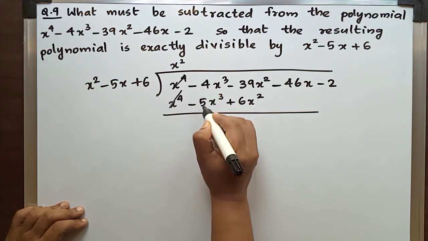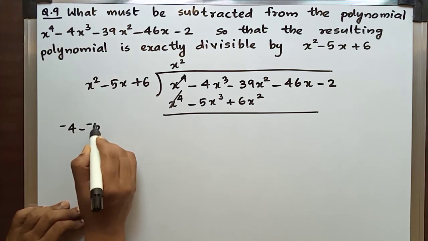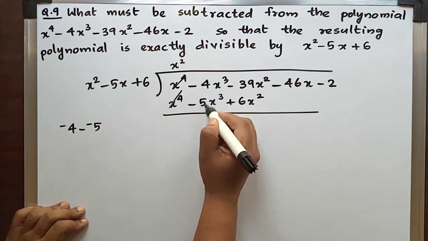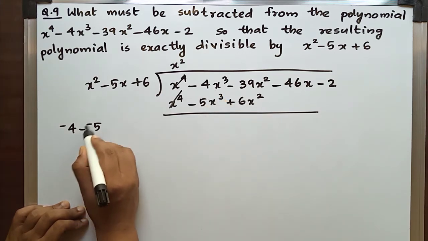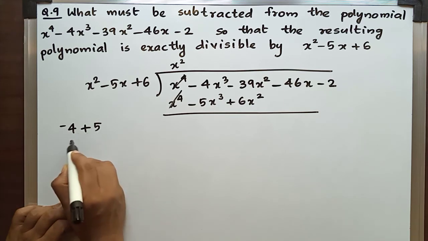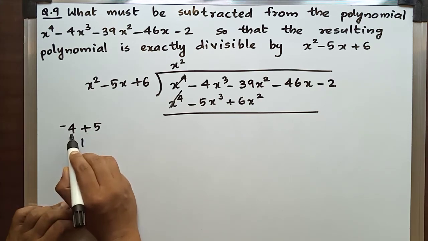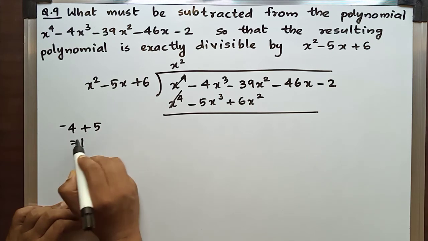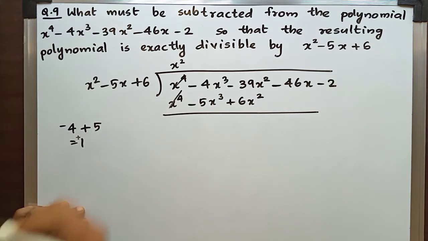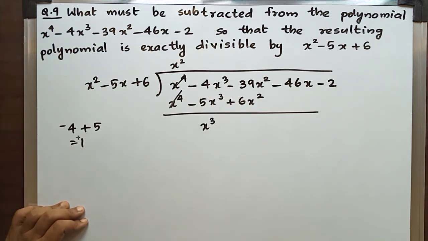Minus 4 minus minus 5, minus and minus will become plus. So minus 4 plus 5 is 1. We are adding a positive and a negative number. The bigger one is positive, means the answer is also positive. Bigger minus smaller means 5 minus 4, 1. So here it is 1x cube.